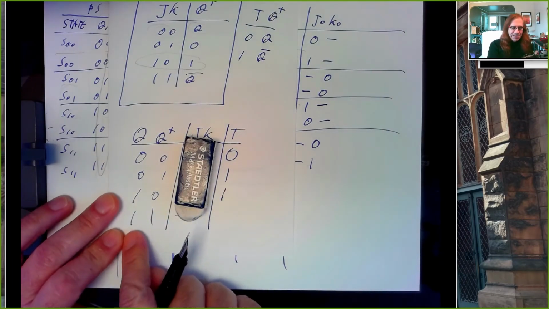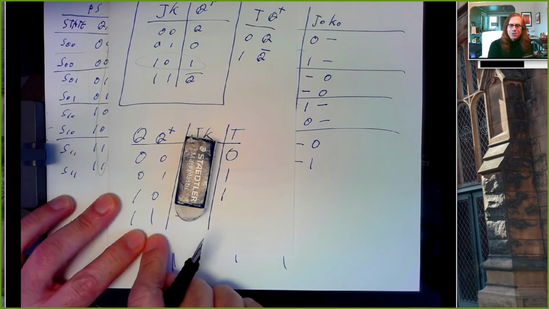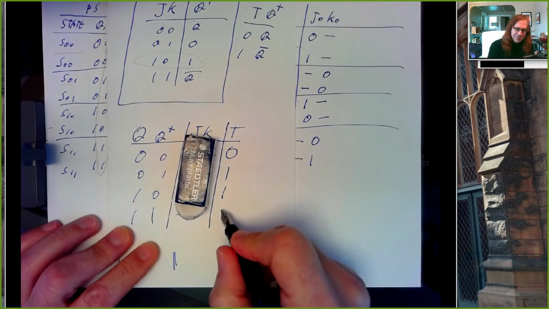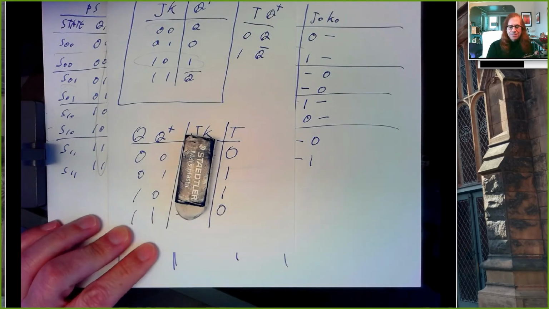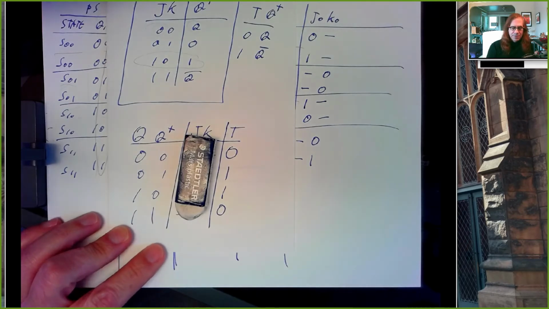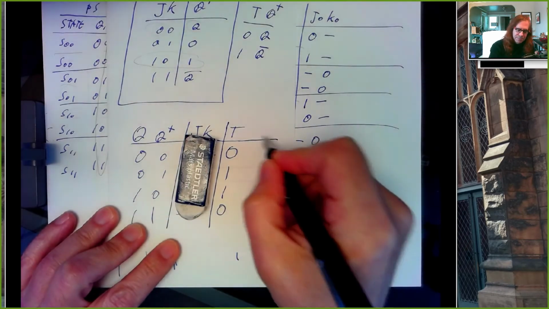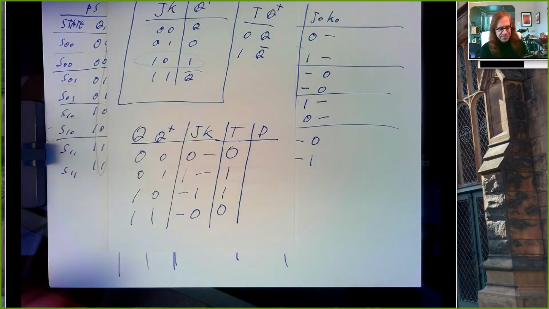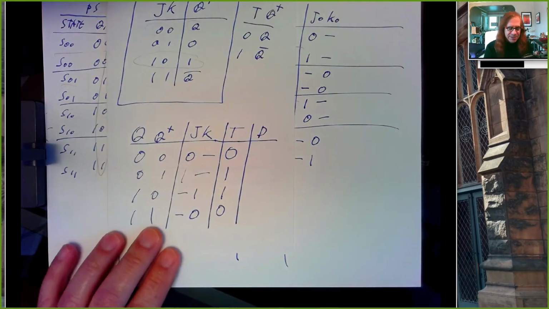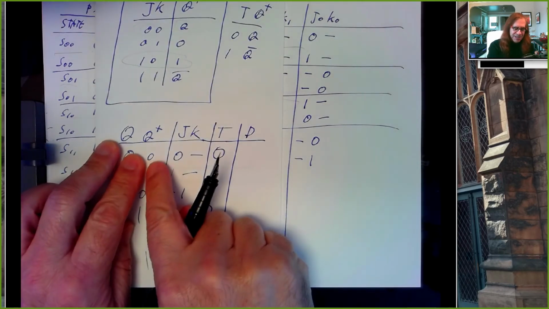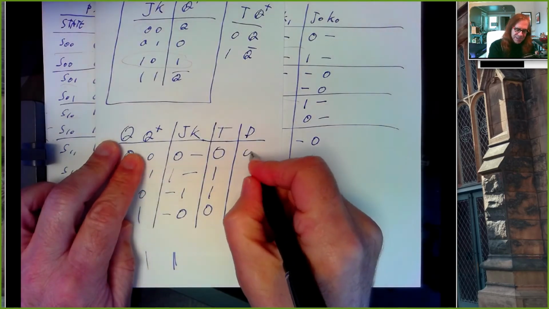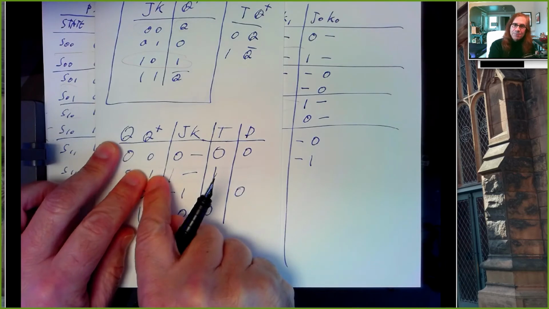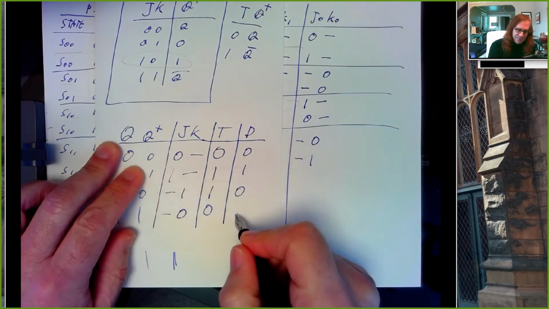And if it's currently outputting a 1 and we still want it to output a 1, we don't want it to toggle, so we set the T input to 0. And if I happen to have a D flip-flop, it's the easiest of all. If I want my output to be a 0, set D to 0. If I want my output to be a 1, set D to 1.